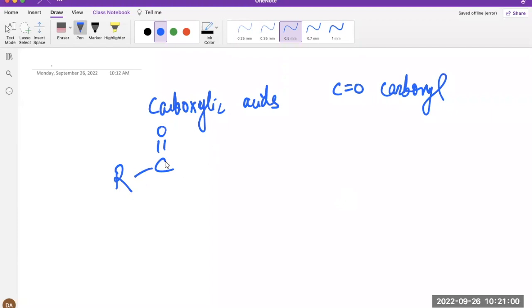So carboxylic acid happens to have that same carbonyl C double bond O, but then it also happens to have an OH on the other side. So far we learned for the aldehydes. Aldehydes, if you guys remember, had the C double bond O with the hydrogen.